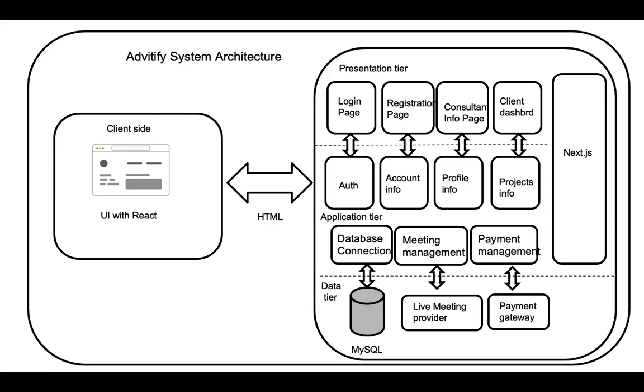Then through an HTML request, we are going to manage the request from the client, and our system will be based on Next.js. The presentation layer will present the page to the user, the application layer will do the back-end functions, and the data layer will work with the database that will be based on MySQL.